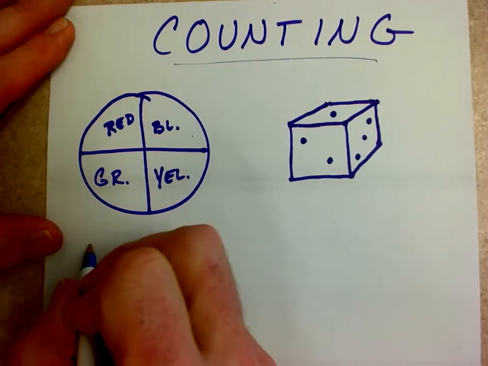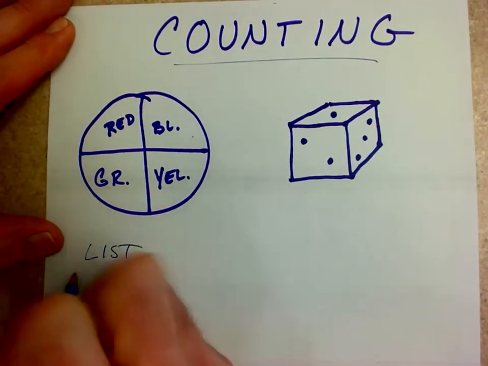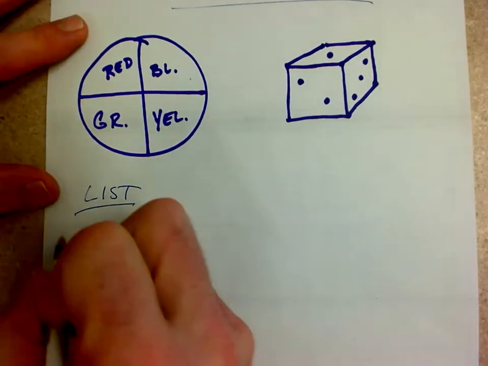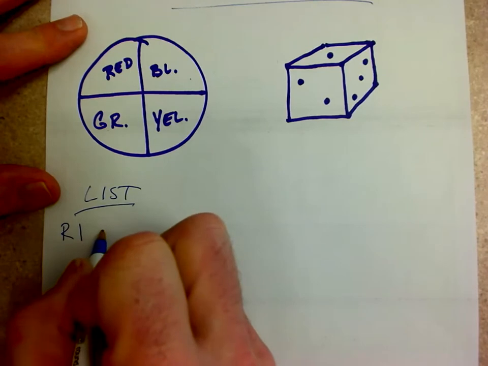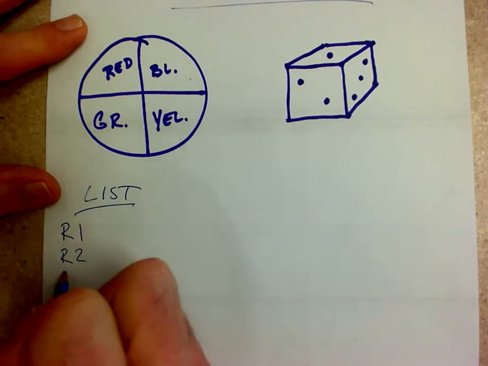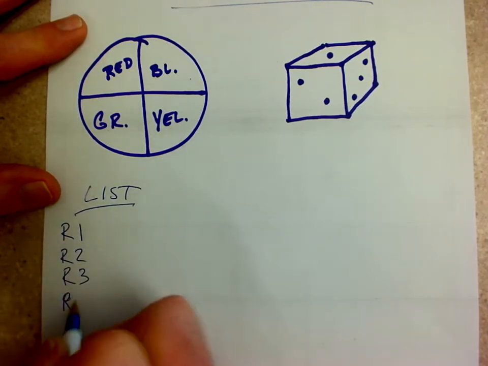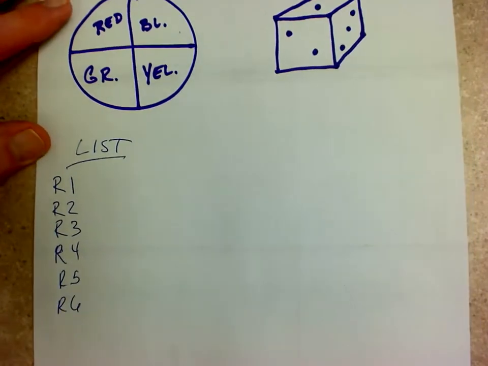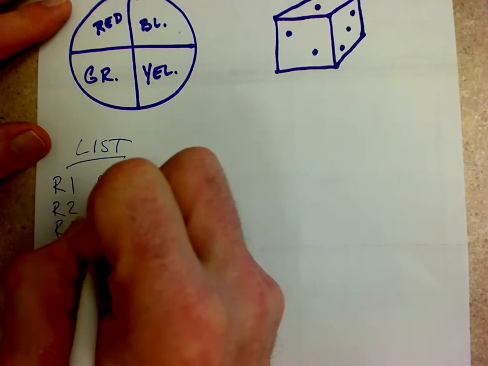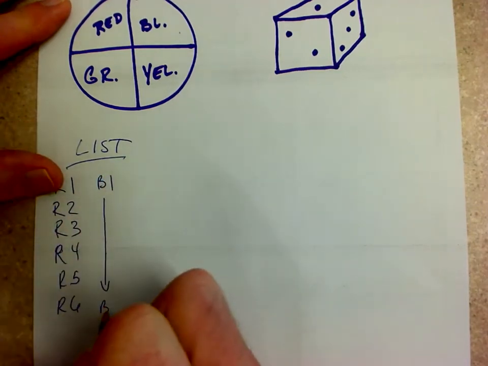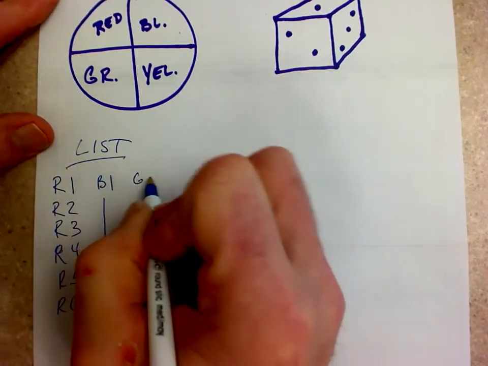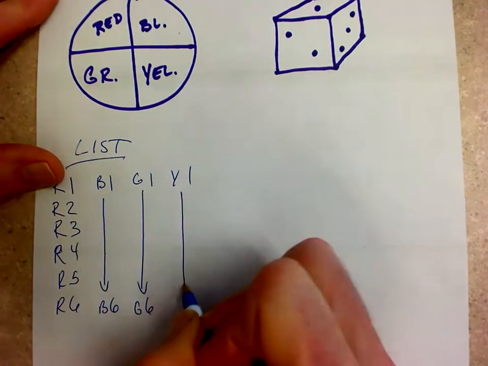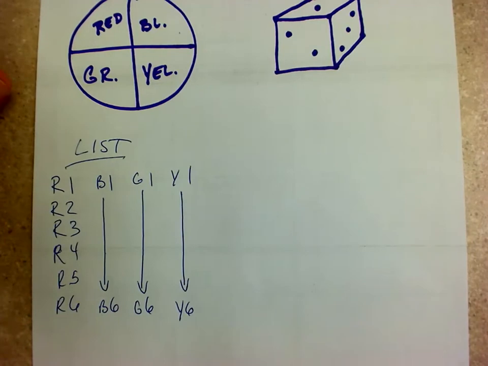Scenario number one is you can just make yourself a list. Red 1, red 2, red 3, red 4, red 5, red 6, blue 1 through blue 6, green 1 through green 6, yellow 1 through yellow 6.